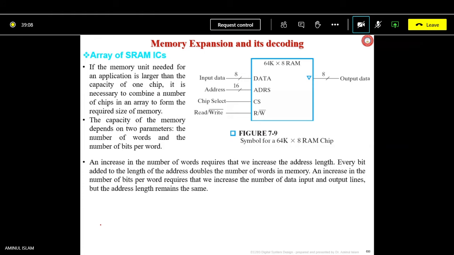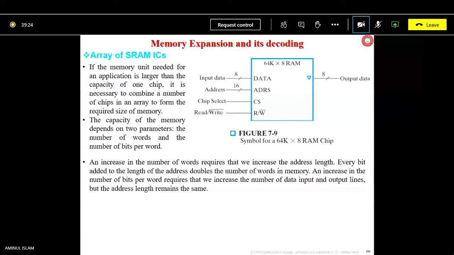Now, regarding the array of SRAM, we have already discussed it to full extent, but we'll still have a little relook at it.